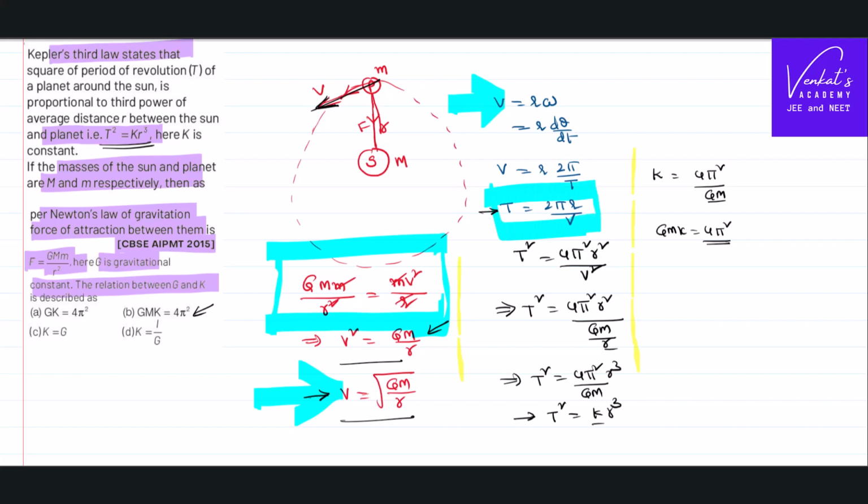From that, I got the time period value. From there, I calculated T square, which I found to be some constant into r cube. That constant is called k in the problem. I can equate this 4 pi square by GM to that k. I have done that and got an answer.